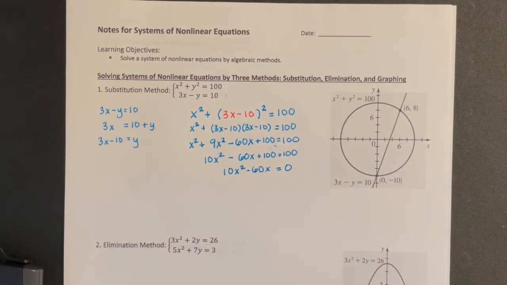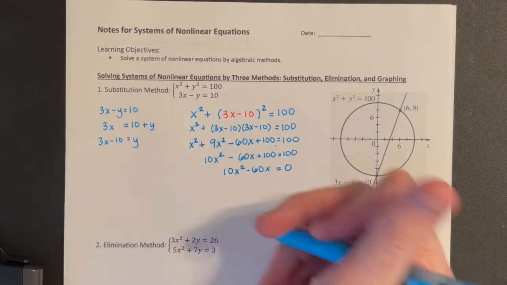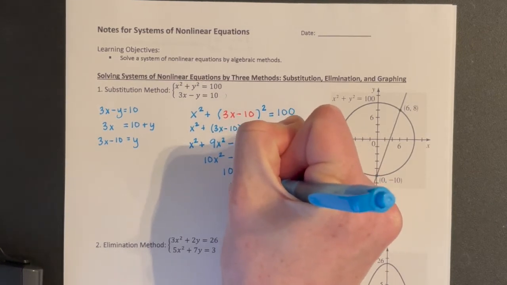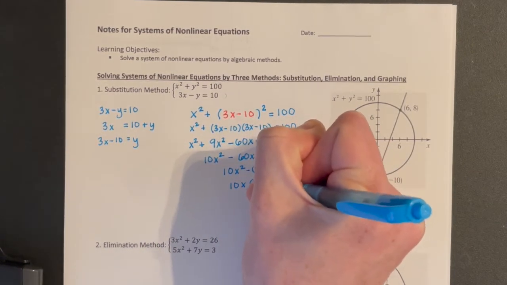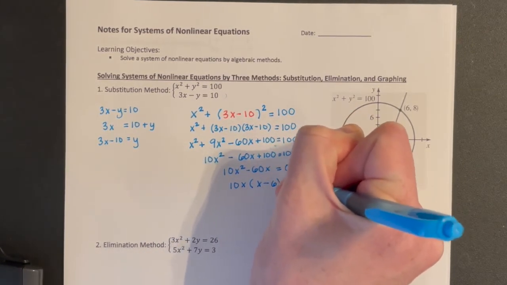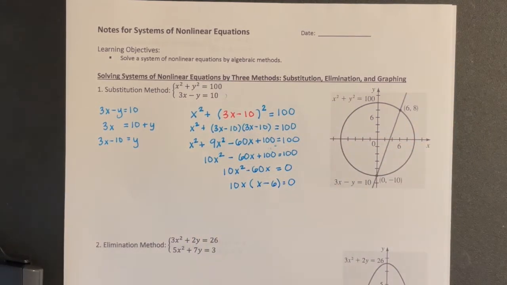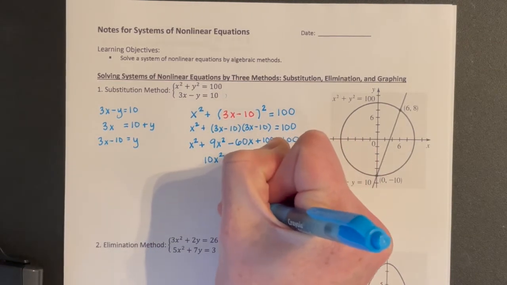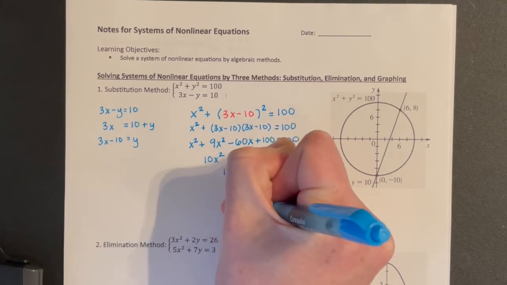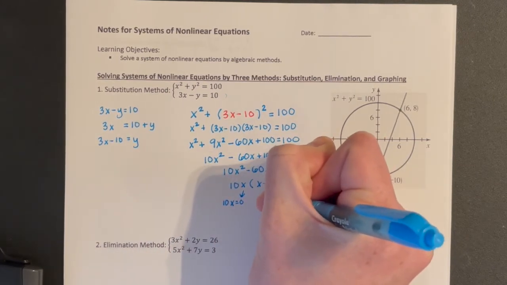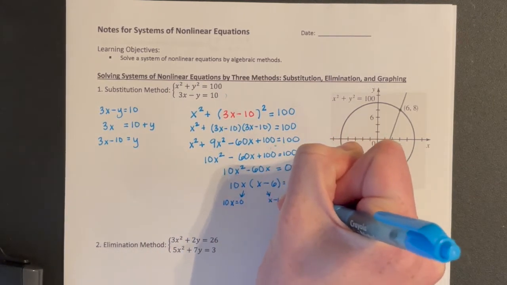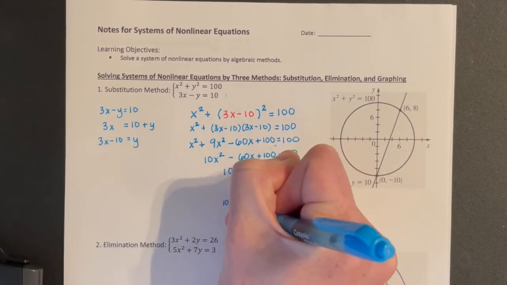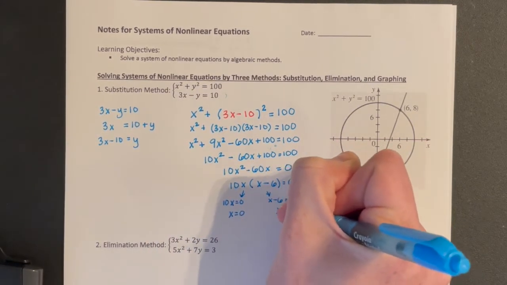There is a GCF there, so if I factor out a 10x, I'd be left with x minus 6. So that's our factored form, but I'm looking for the two solutions to that equation. So we use the zero product property that says 10x equals 0, x minus 6 equals 0, and we get our two solutions. So x equals 0 and x equals 6.